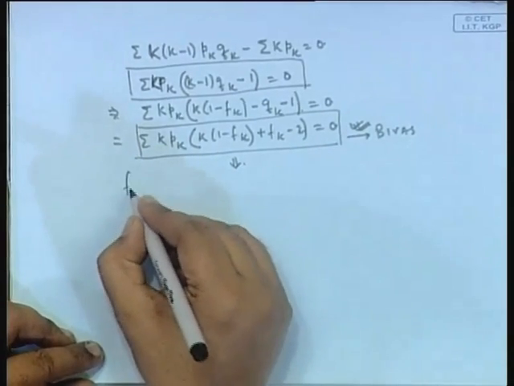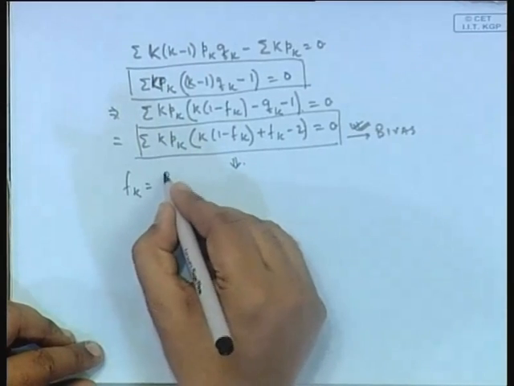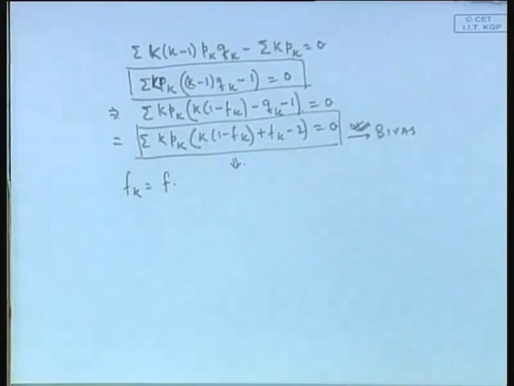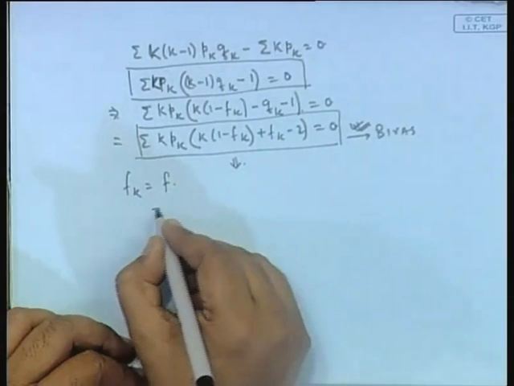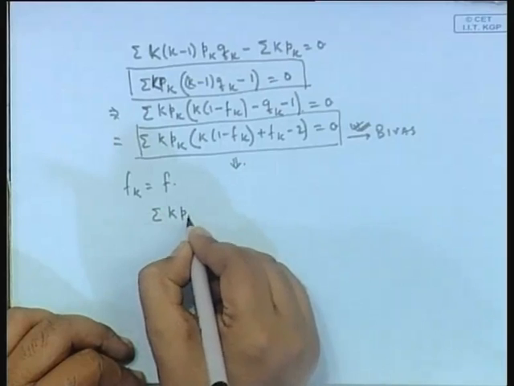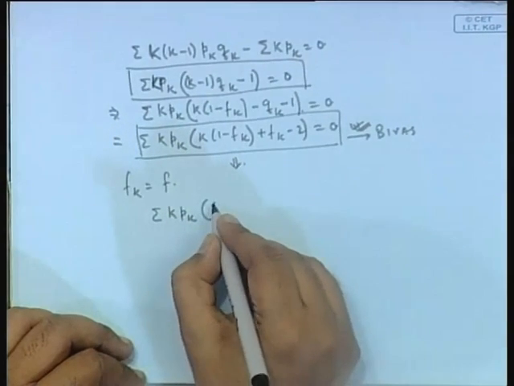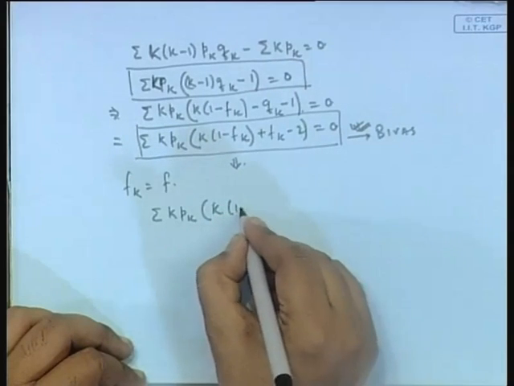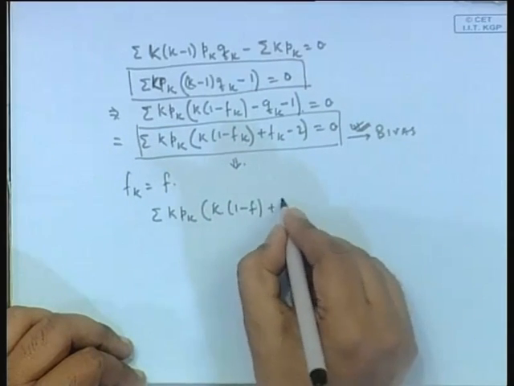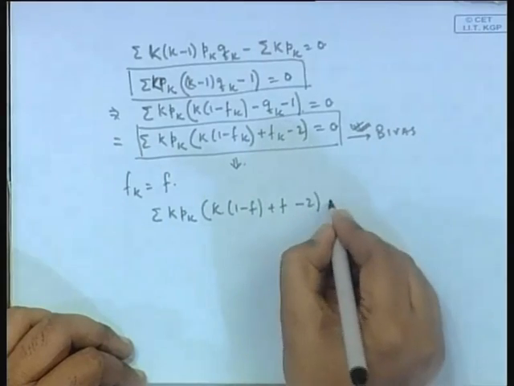Now let us put fk is equal to f. Let us take the general simple situation, where the first situation is fk is equal to f, the random failures. So, put it here: summation of k pk, k 1 minus f plus f minus 2 is equal to 0.